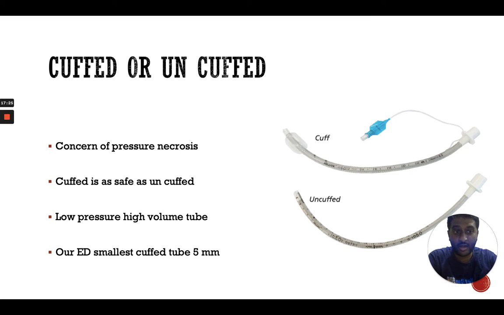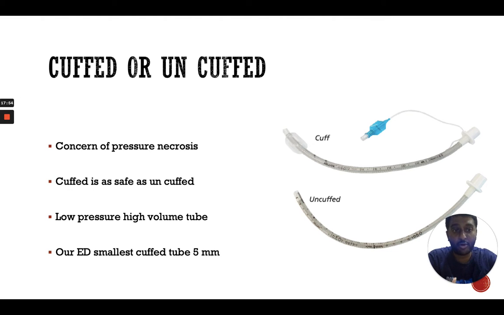If you use a cuff to put more pressure on it, it can cause pressure necrosis. But recent studies have shown that cuffed is as safe as uncuffed. And there are innovative low pressure high volume tubes, meaning you can use very little pressure but still get an adequate seal of the subglottic area.